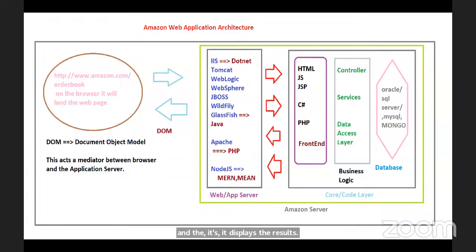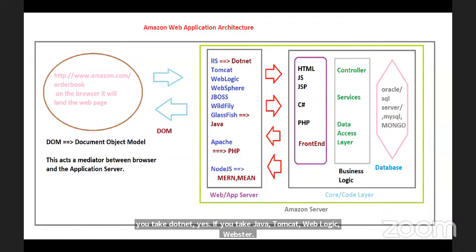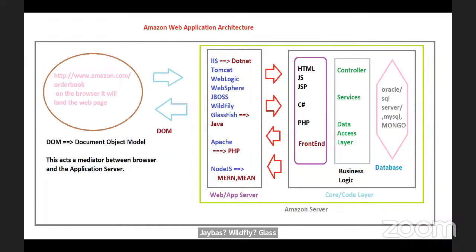Now within the Amazon server, what is the architecture, guys? We have a web server or app server. If you take .NET, IIS. If you take Java, Tomcat, WebLogic, WebSphere, JBoss, Wildfly, Glassfish. And if you take PHP, Apache, Node.js, either MERN stack or MEAN stack.